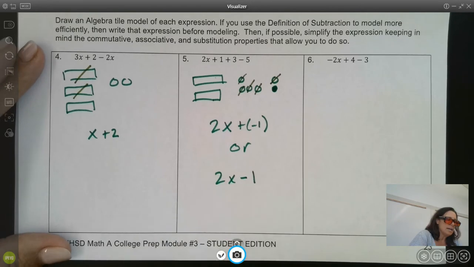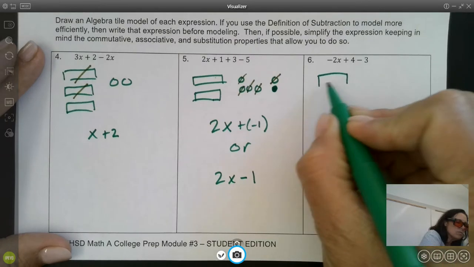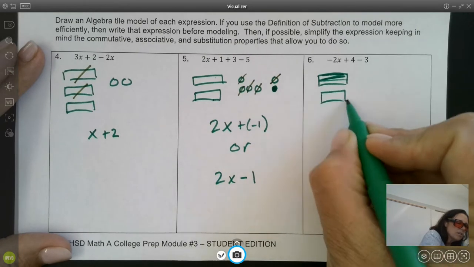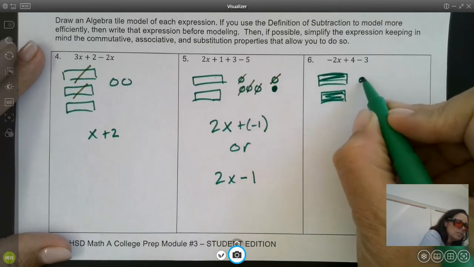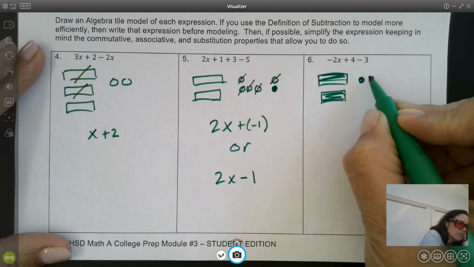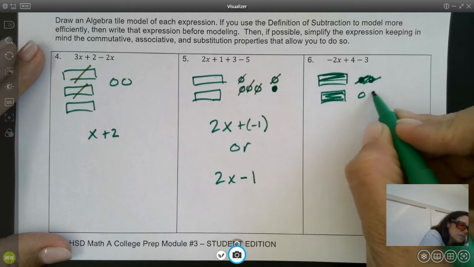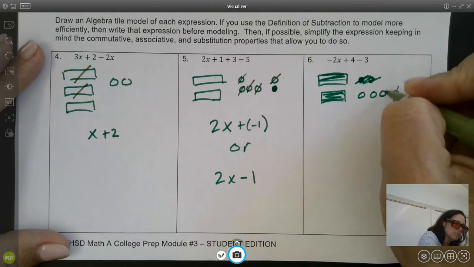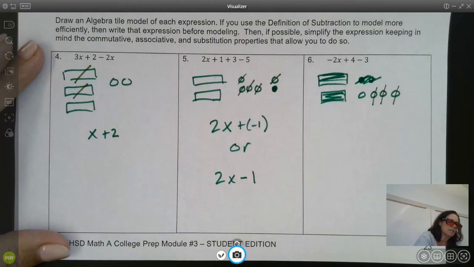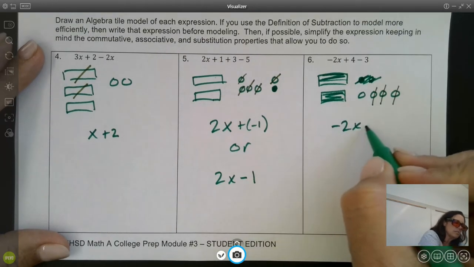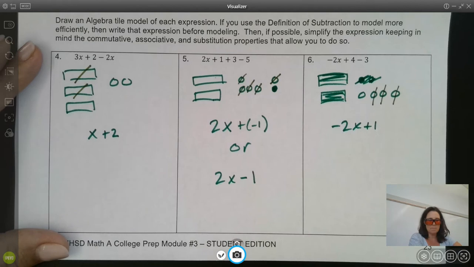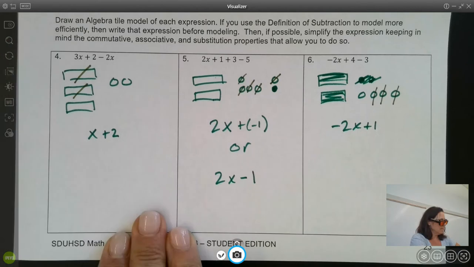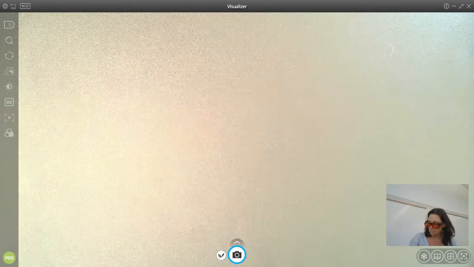All right, this guy, 2 negative x's, 4 positive tiles, and then I'm taking away 3 positive tiles. So negative 2x plus 1 is my answer. Okay, a couple more.